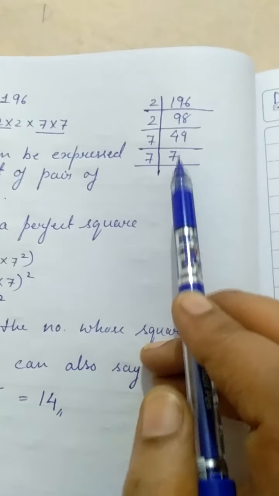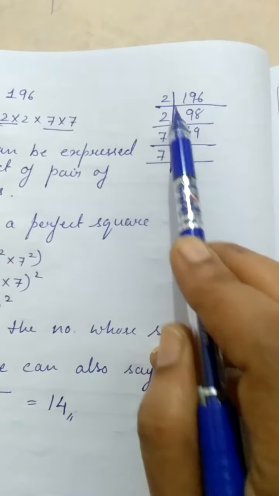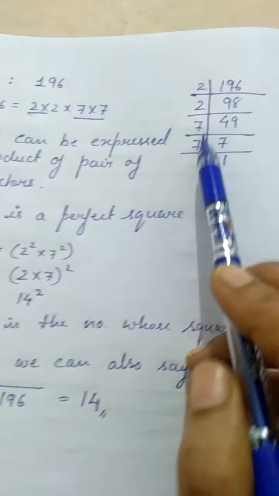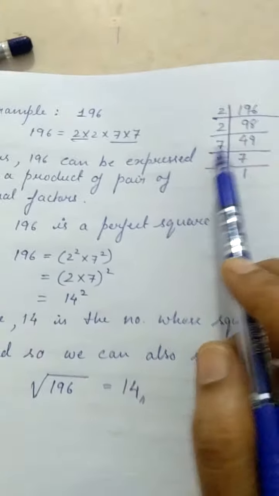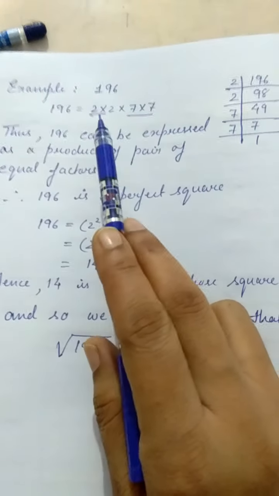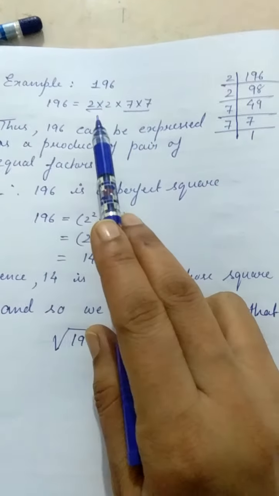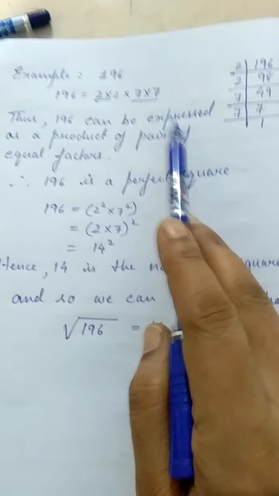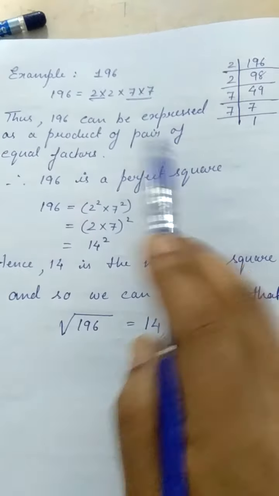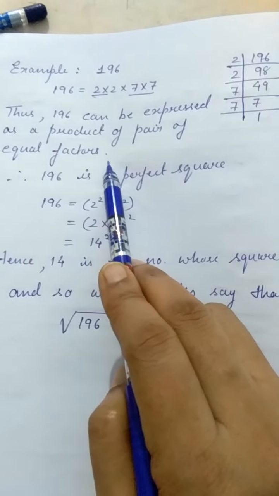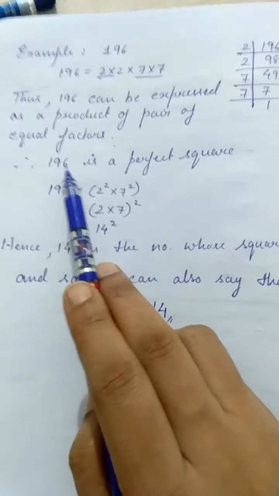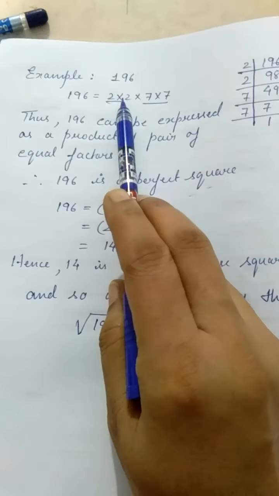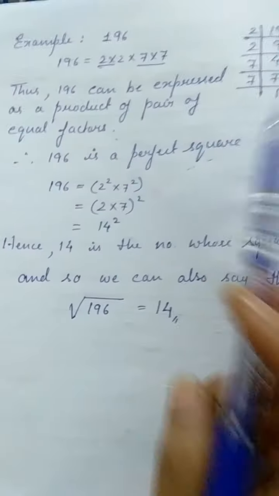So you can see, children, that the factors here are in pairs. 2 is a factor, so 2 is in a pair. 7 is again in a pair. That means that 196 is equal to 2 into 2 into 7 into 7. So I have made pairs of the factors. Thus 196 can be expressed as a product of pairs of equal factors. Got it? Therefore 196 is a perfect square. That's the reason we call 196 a perfect square.